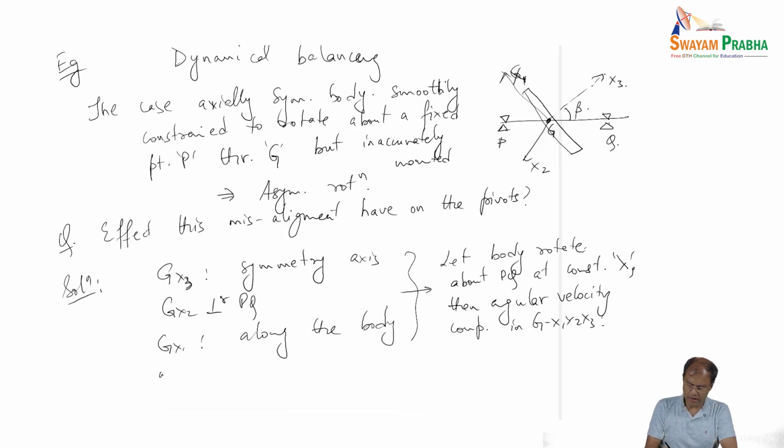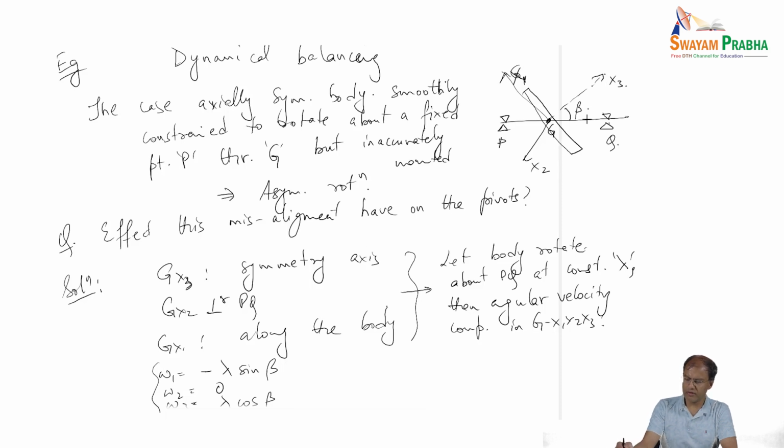We see that omega 1 is negative lambda sine beta, omega 2 is 0, and omega 3 is lambda cos beta.